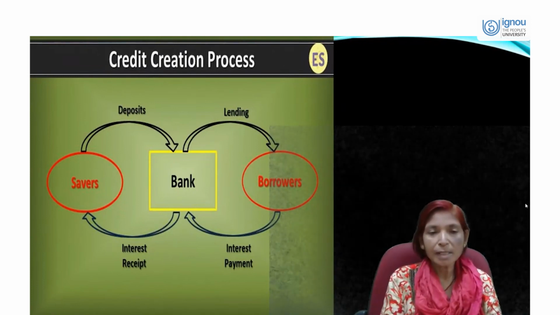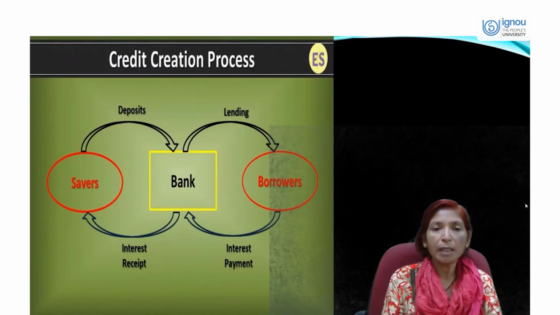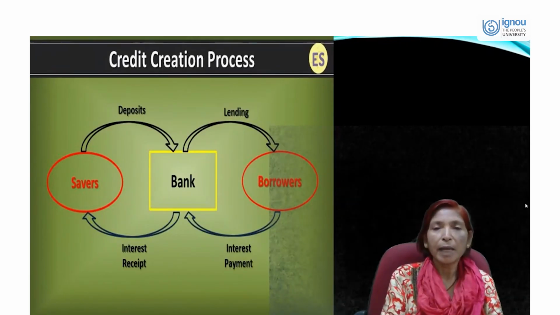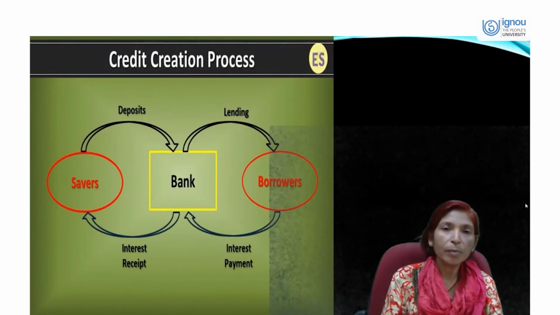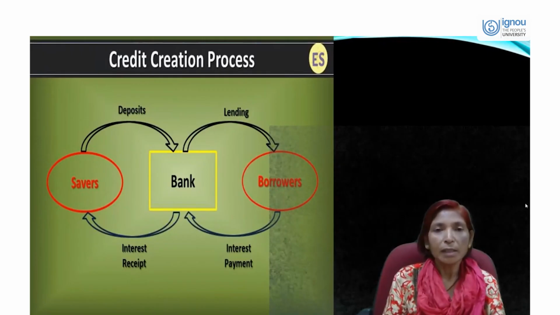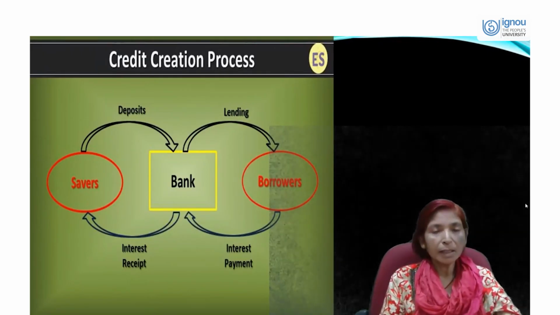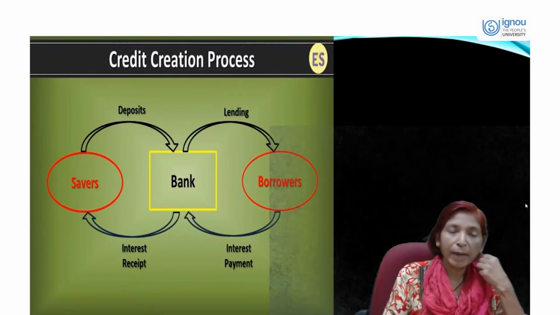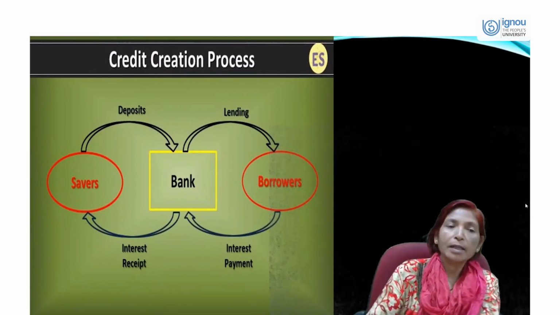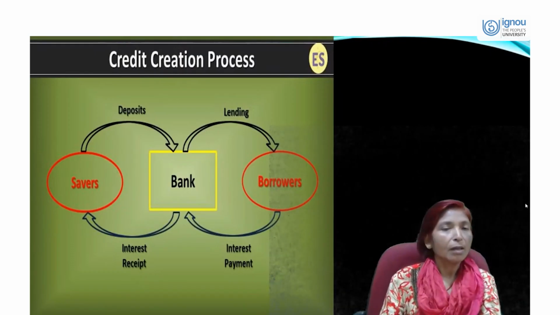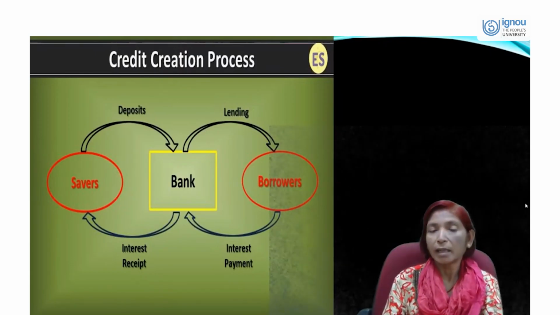So in this process, a bank can create multiple money. If a bank has 1,000 rupees, it can create 10,000 rupees with the help of this credit creation process. The earnings of the banking system through this process we will explain in detail in the next session.